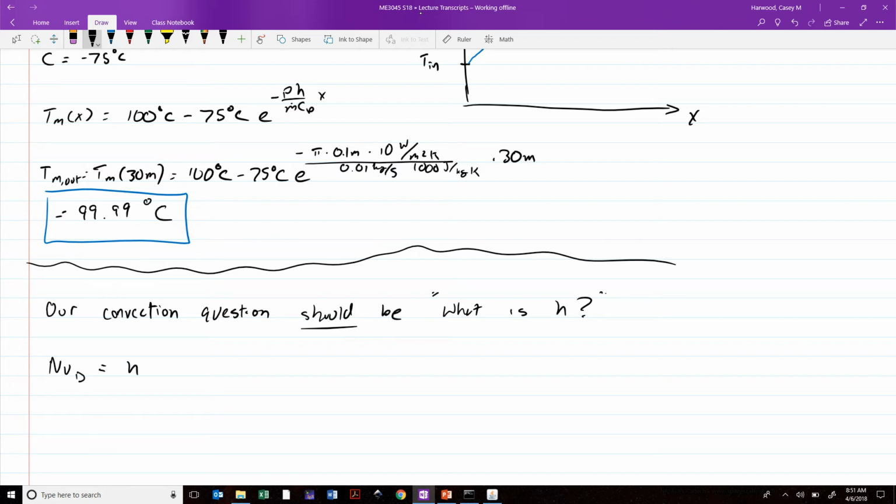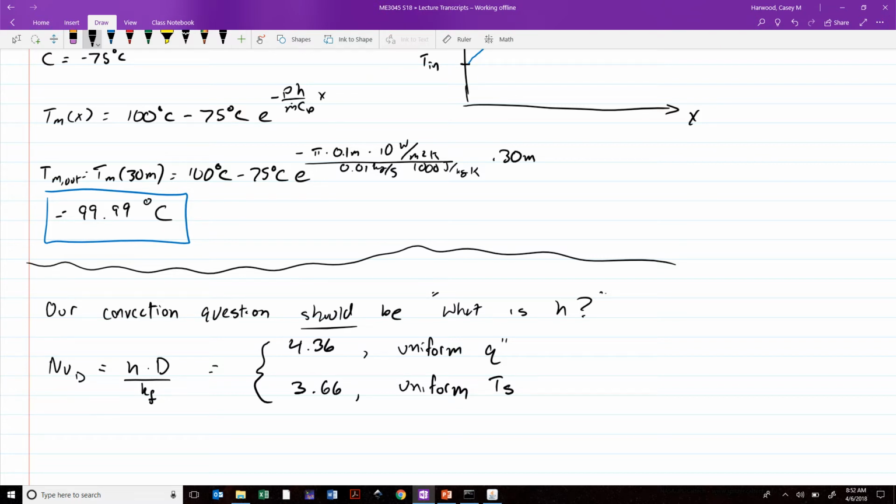So this is h times D over the conductivity of the fluid, equal to 4.36 for uniform q double prime and 3.66 for uniform pipe surface temperature.